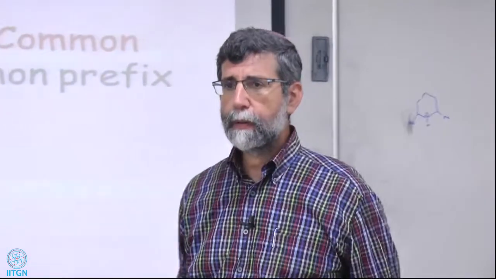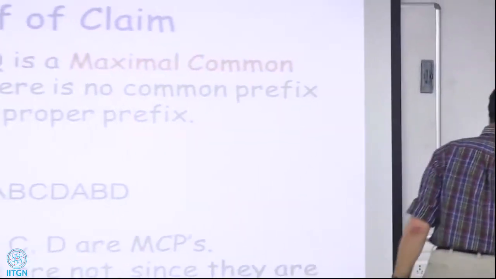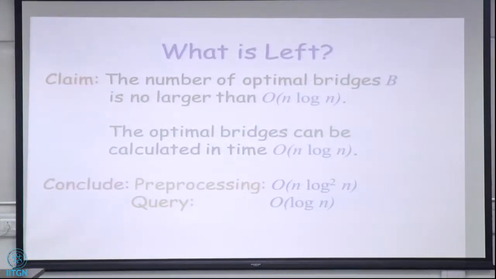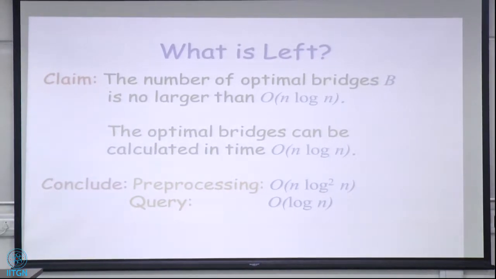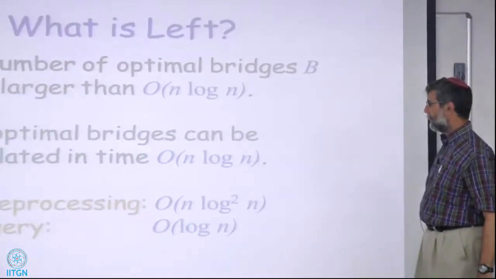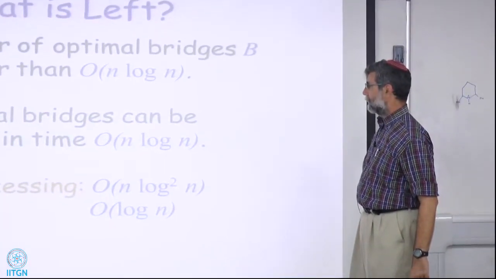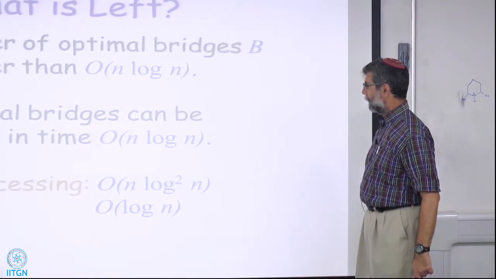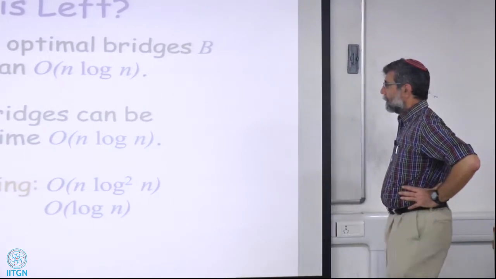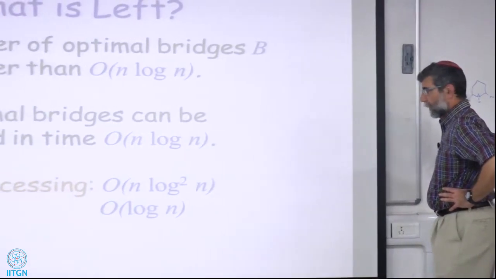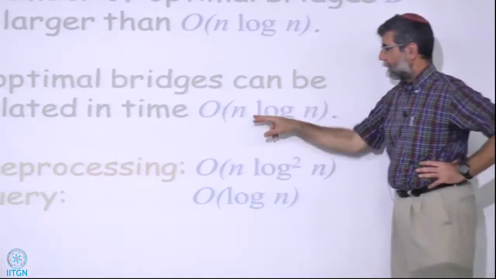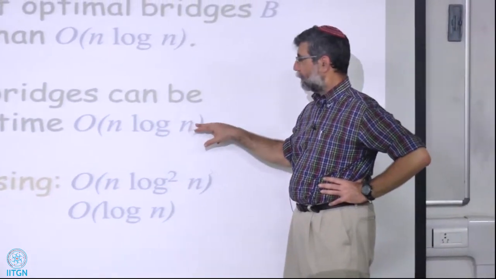In the pre-processing? Here? So we have n log n bridges, and so the n is n log n, and then you have log of n log n.